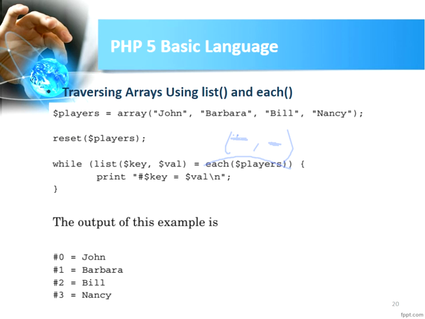So the first value will go to key, the second one to val, and after that I will print key and val. I can use key, val, x, y, any name of variable. It is clear now?